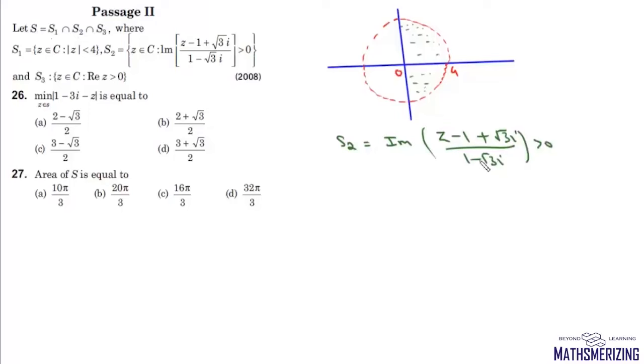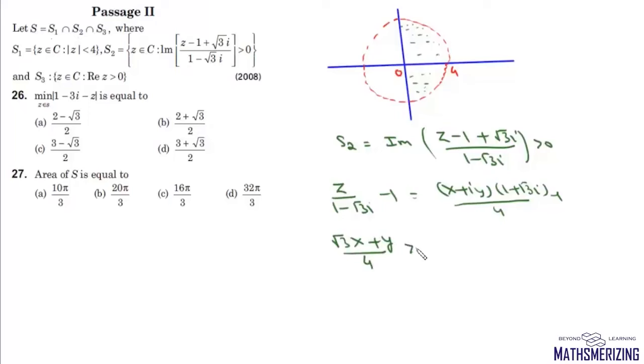Now we need to find the imaginary part of this. Now it will be Z upon 1 minus root 3 iota and then minus 1. We can write this as (x plus iota y) into (1 plus root 3 iota) upon 4, minus 1. So its imaginary part will be (root 3x plus y) by 4 and it is greater than 0.